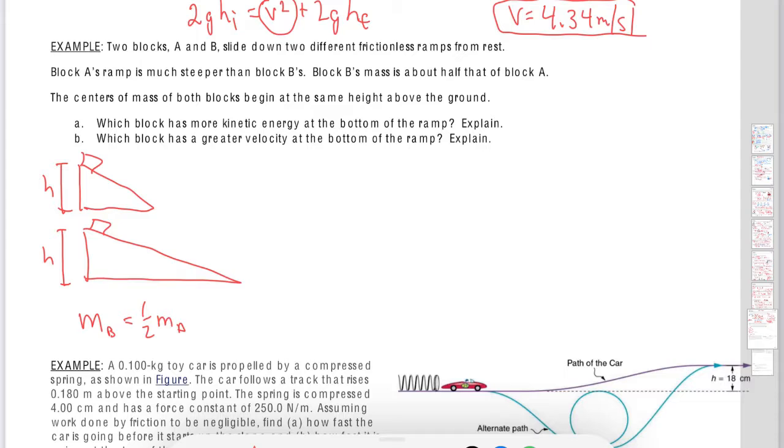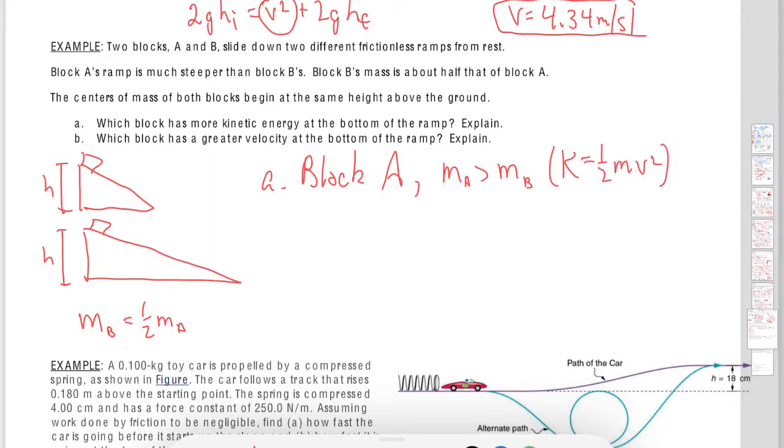Which block has more kinetic energy at the bottom of the ramp? That would be Block A, just by the fact that its mass is greater. Sorry, it's a little sloppy. So mass A is greater than mass B. One thing to note is that the individual pieces have a factor of mass in them.